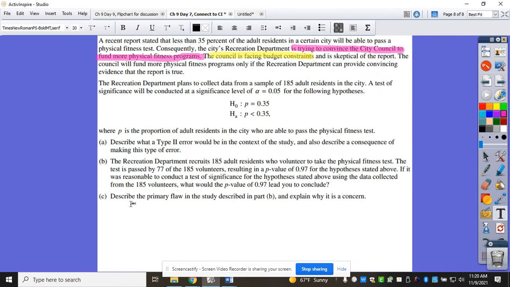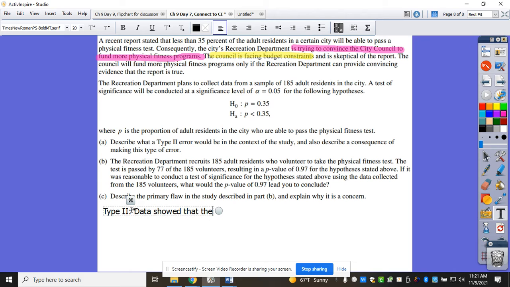So what in general would a type 2 error be? Data showed what? So it showed that the proportion is. It showed that the hypothesis was true, but it was actually type 2. Wait, I'm thinking through this.